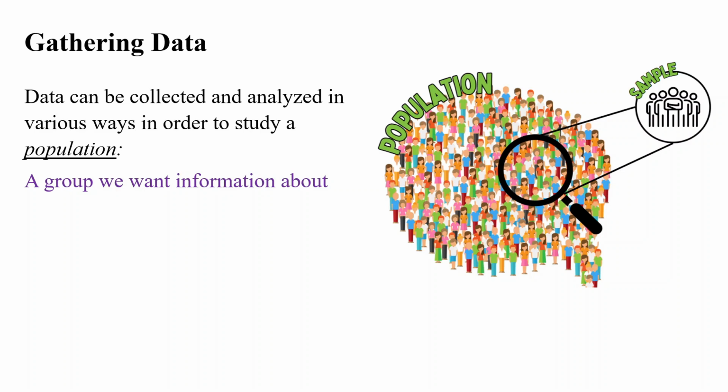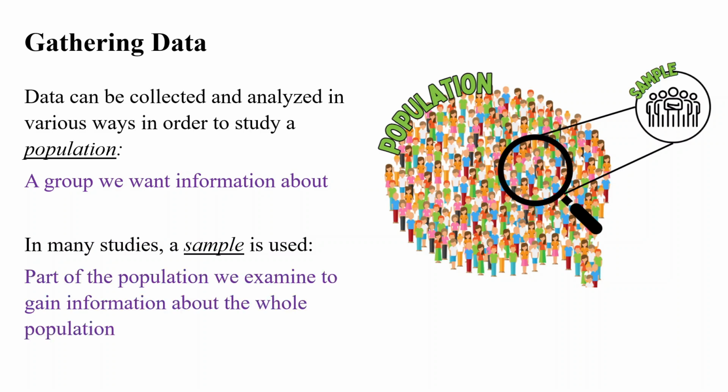Now, there are usually challenges involved in analyzing a whole population. So in many studies, what we're going to do is collect a sample. A sample is just part of the population we examine in order to gain information about the whole population. And we want that sample to be what we call representative of that population.